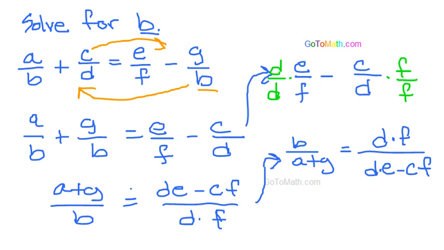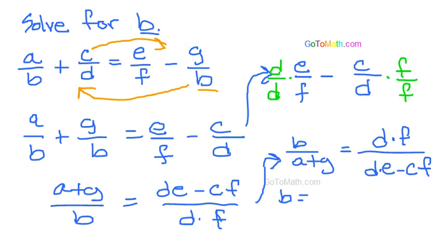Okay. So this is the same thing as taking the b diagonally up here, taking the d f diagonally down here, and then moving that diagonally and that diagonally that way. Okay. We're just skipping some steps. Now we can go ahead and just take this a plus g diagonally up to the top.